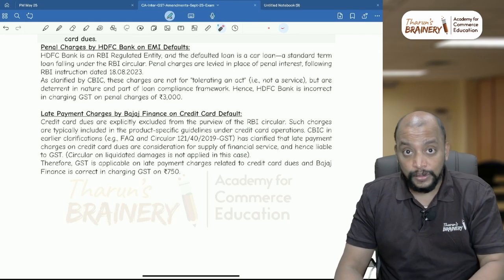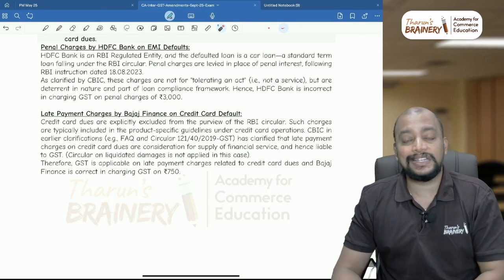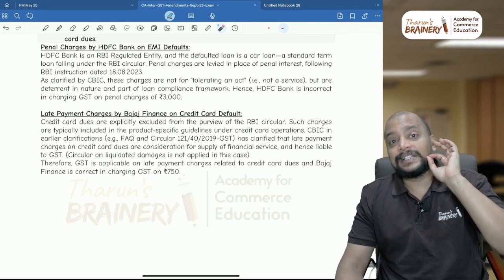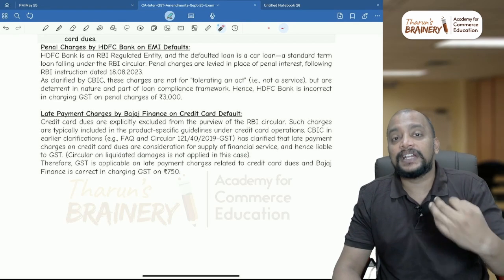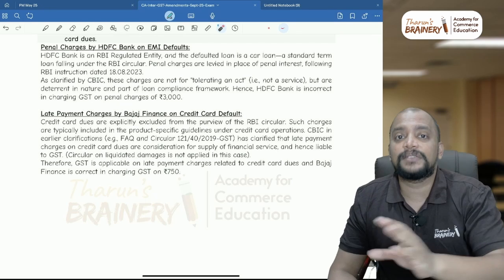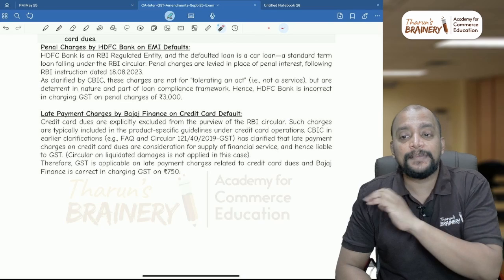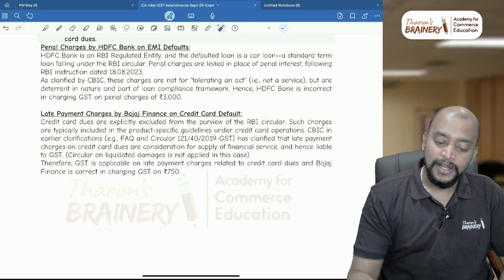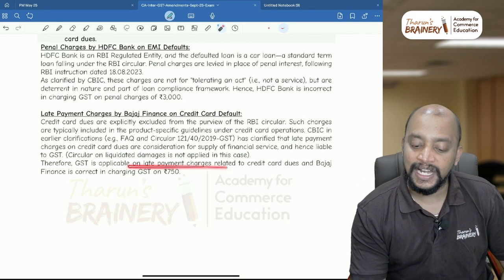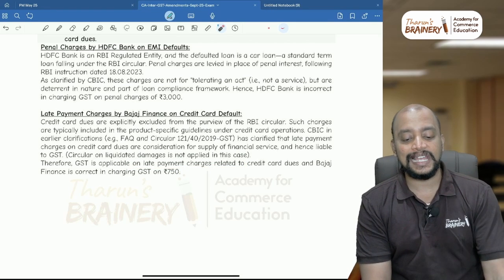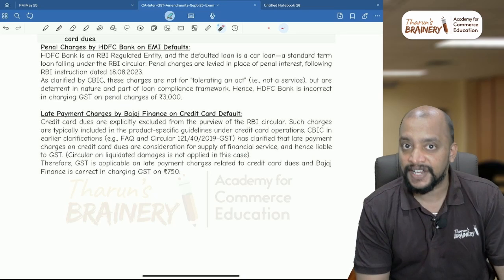Sir, here also it is penal in nature, na sir. Correct. But there is another circular which says that penal charges, that is late fee or interest on credit card, will be taxable. That's why the circular on liquidated damages is not applied. Therefore, GST is applicable on late payment charges related to credit card dues, and Bajaj Finance is correct in charging GST on 750.